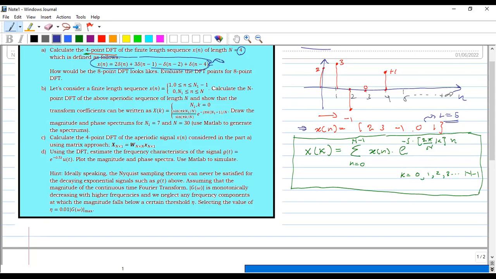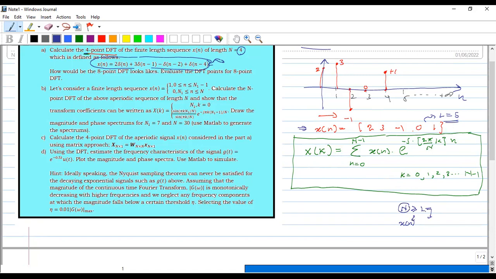If the length is 5, a 4-point DFT is not enough, because the number of points N should be greater than or equal to L, the length of the sequence. If not, we can't recover the x of n time domain sequence from these samples.